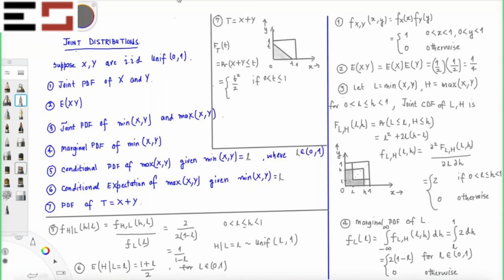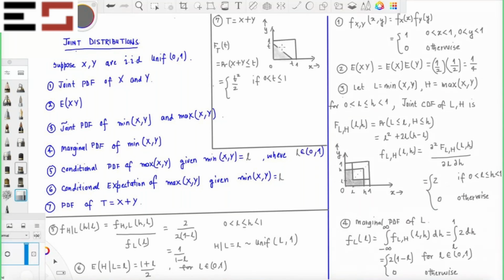Okay. And if t is greater than 1, then the situation will look like this.